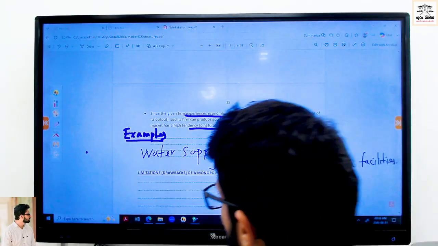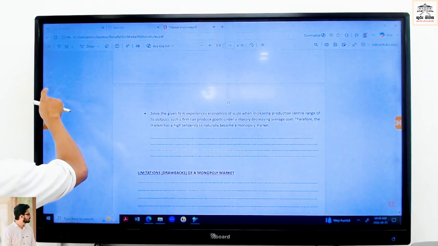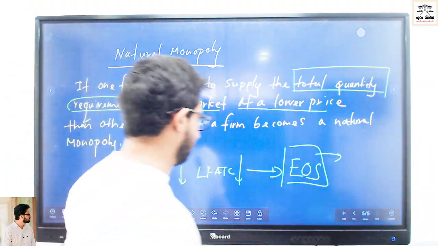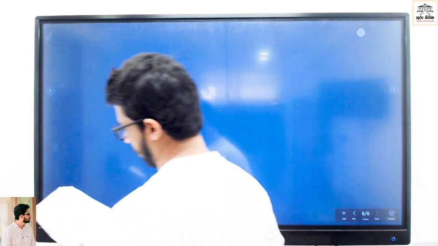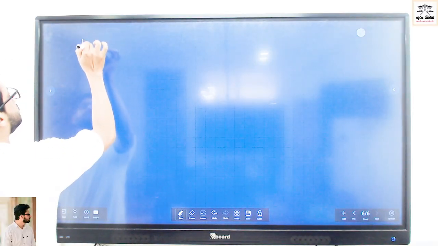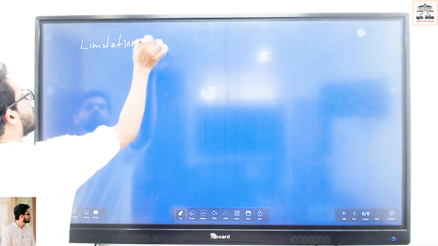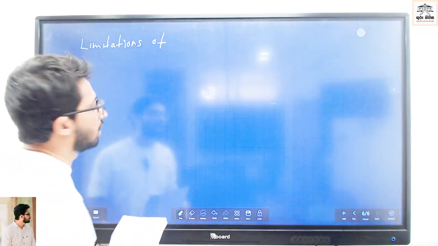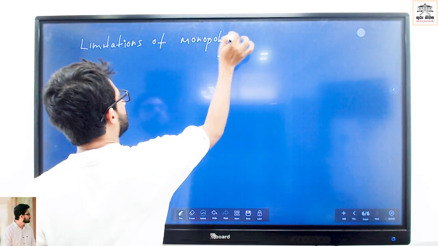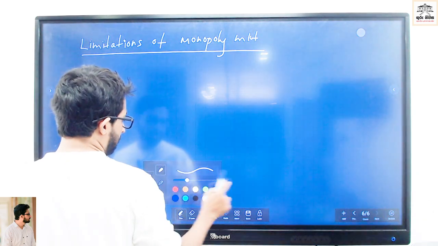I'll use the whiteboard. Write down limitations of monopoly market.